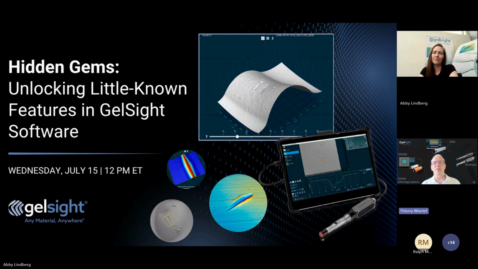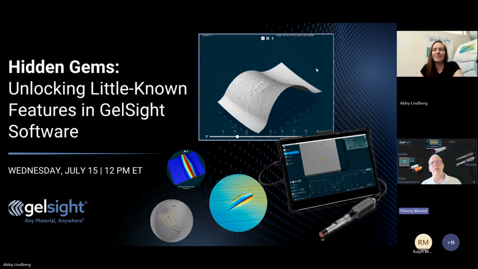These two examples are just using a basic approach of machine learning, but it opens really a huge field of application. I just talked about the classification of surfaces or parts, but Abby will go into more detail about segmentation and detection, which open doors to a huge field of applications.